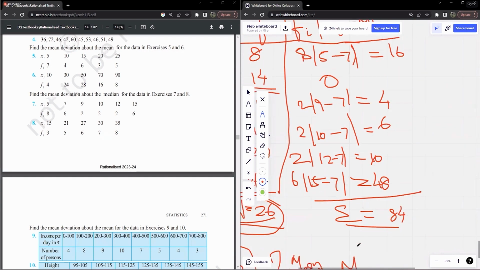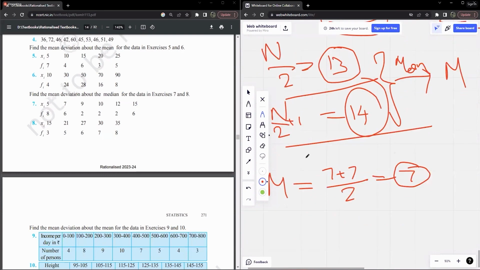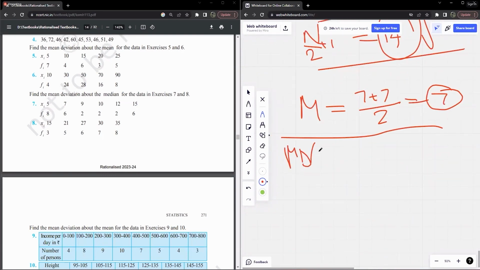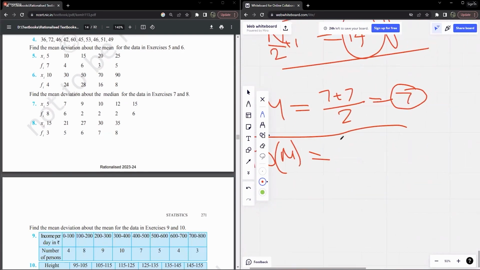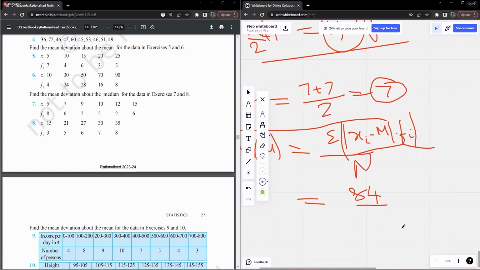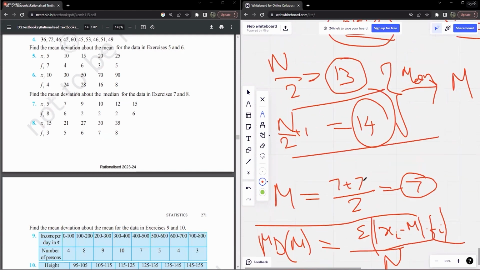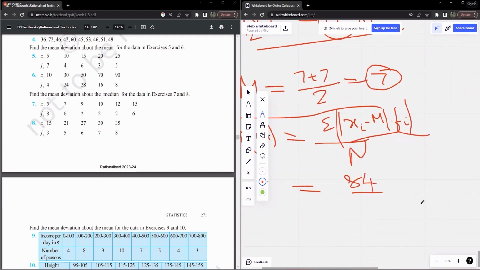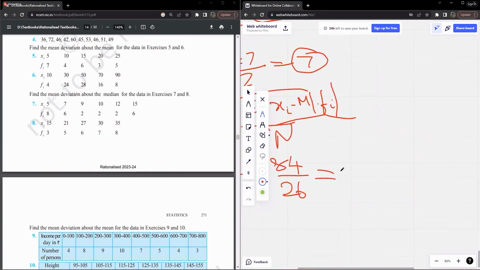Therefore, we have the mean deviation above the median being equal to the sum of |xi minus M| into fi, whole divided by capital N, which is basically equal to 84 divided by 26, which gives us 3.23.